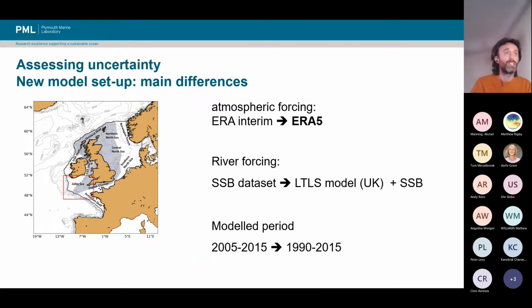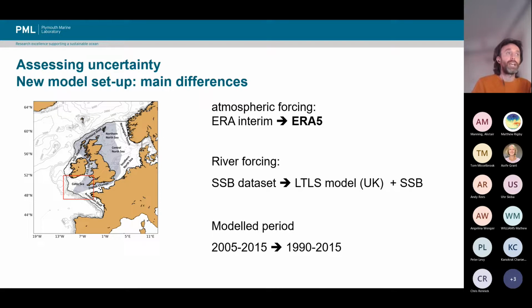atmospheric reanalysis product. We changed the river forcing. Instead of using the SSP dataset everywhere, we used the long-term, large-scale model, that's a CHM model from Vicky Beretol. You see the reference in a later slide.